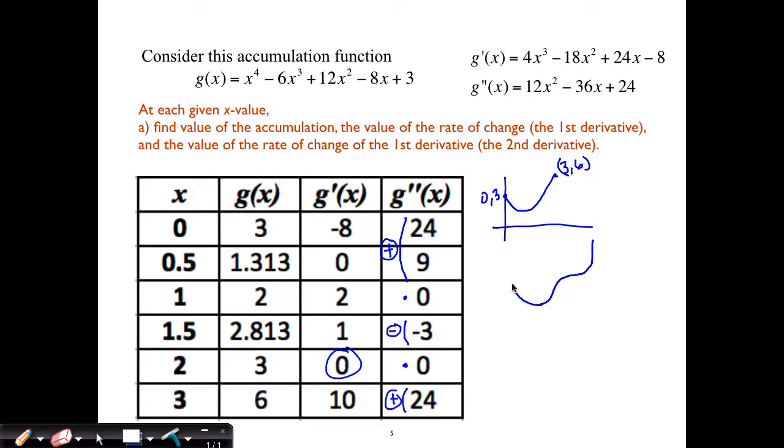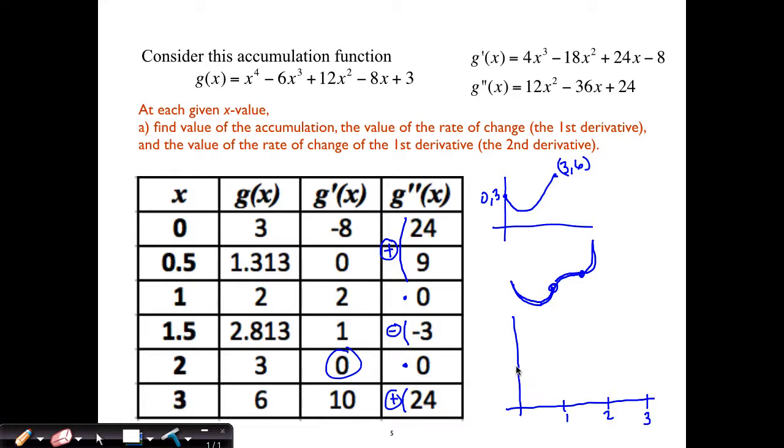That's built into this: curved upward, switching to curve downward, and then switching to curve upward. So if we put all of that together, I'm going to plot some points kind of close to this. Let's see, 1, 2, 3.